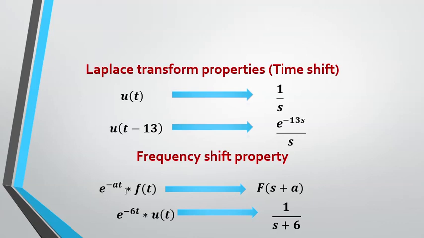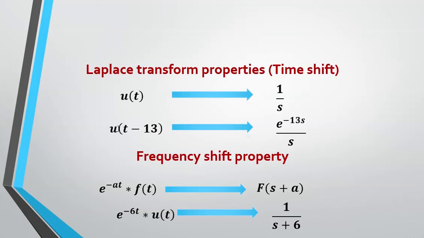If I'm multiplying the function in time domain by e to the power of something, in s domain it's going to be shifted exactly like this. The Laplacian of e to the power of minus 6t times u(t) will be 1 over s plus 6. And remember this example, the Laplacian of u of t minus 13 will be e to the power of minus 13s over s.